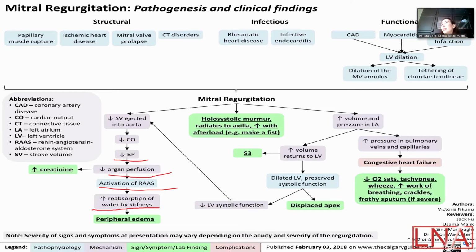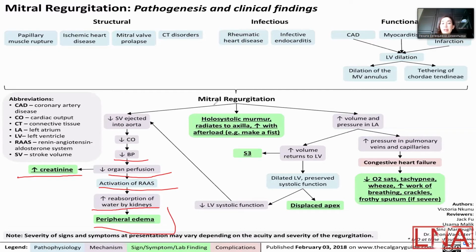The organism tries to keep constant the level of circulating blood volume, leading to development of peripheral edema. Decreasing organ perfusion leads to development of acute kidney injury or an increase in serum creatinine.